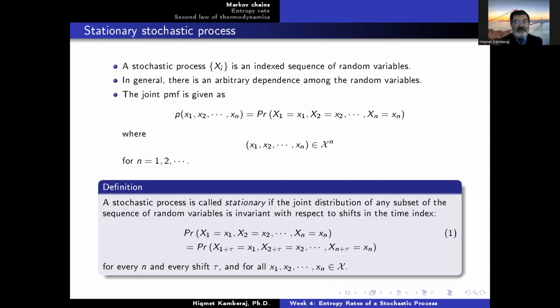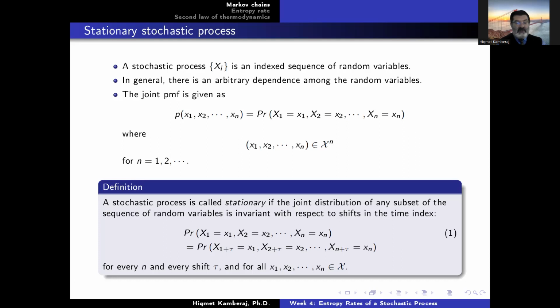P of x1, x2, ..., xn is equal to the probability that X1 takes the value little x1, X2 takes the value x2, and so on, Xn takes the value xn, where the tuple x1, x2, ..., xn is a sequence from the alphabet set chi to the n, for n equal to 1, 2, and so on.